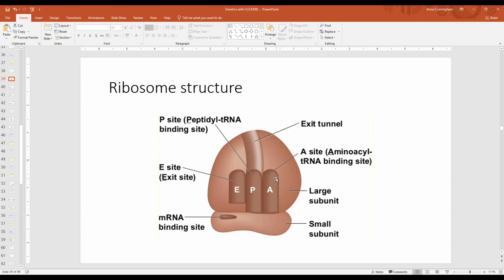So first, the way this ribosome is going to read is from left to right. This means that tRNA are going to have to come in through the right side of the ribosome, and then they will leave through the left side. And when I say left or right, I'm referring to this image.